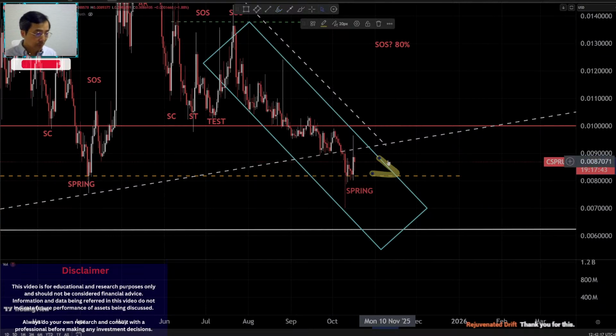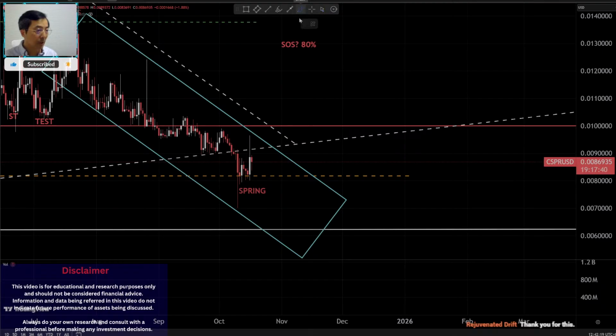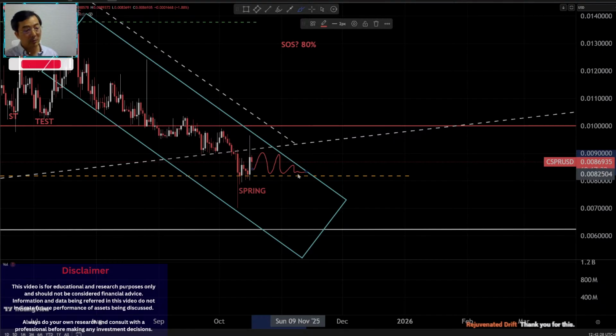So when the price continues to trade within the box but above this orange line, near the end of this month or beginning of November, a breakout will eventually happen.